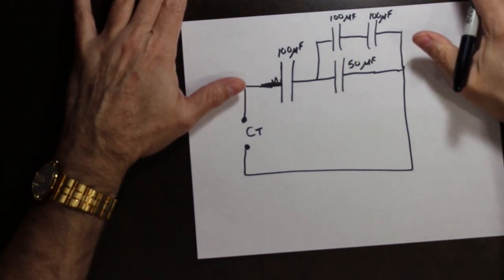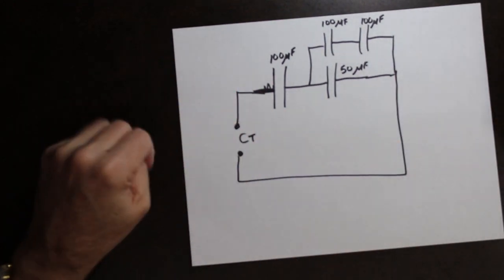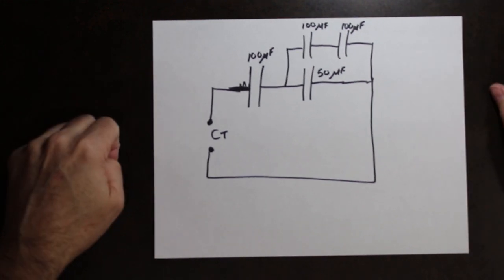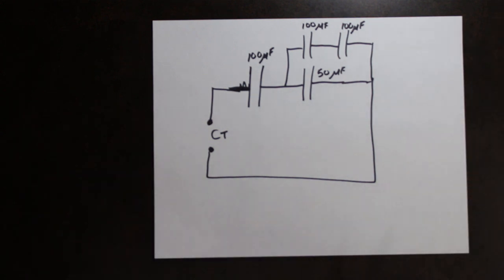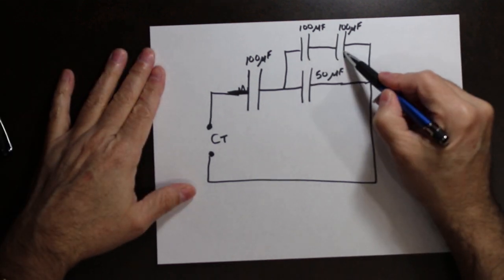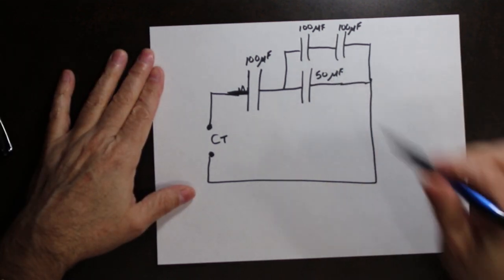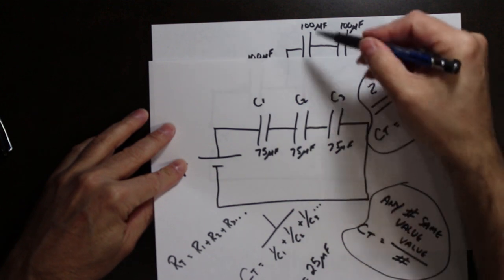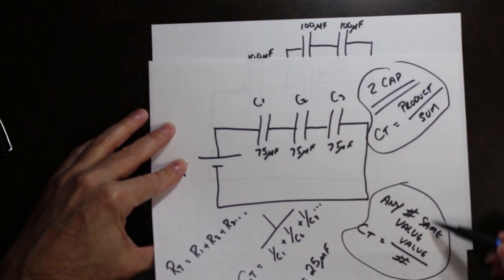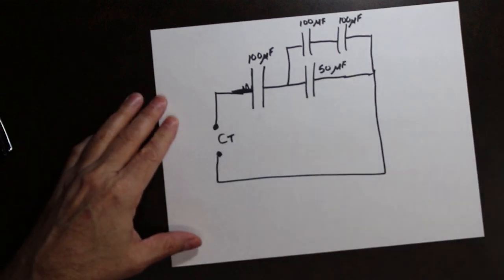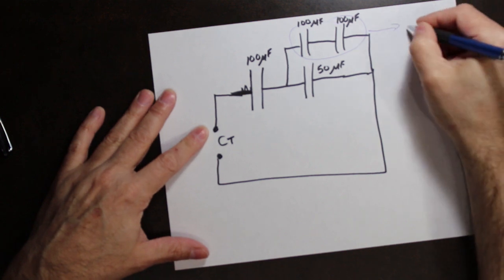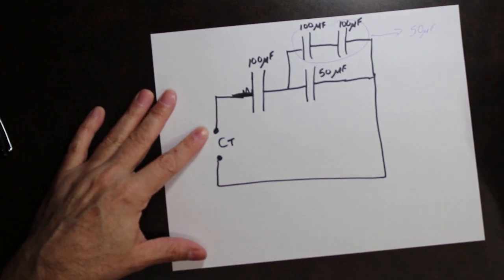Now, if we looked at trying to figure out what the total capacitance of this circuit is, we have to analyze this the same way that we would analyze a complex circuit with resistors in it. I've got 2 here in series, so I use the formula for same values: 2 of them at 100, divided by the number I got. This equates to a 50 microfarad capacitor.